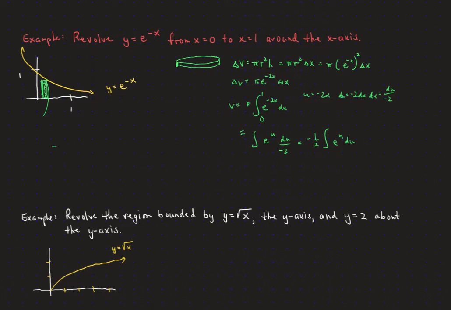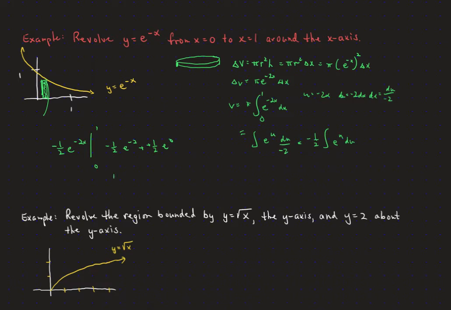I'm going to come over here, that's going to be a negative 1/2 e to the u, which is our negative 2x, and we're going to evaluate that from our x limits of 0 to 1. So that's going to be a negative 1/2 e to the negative 2 minus a negative 1/2 e to the 0.